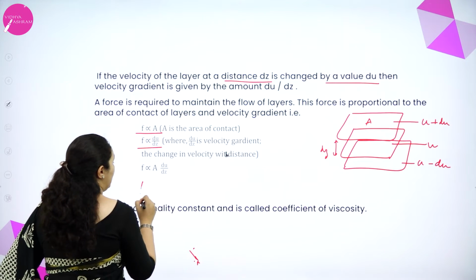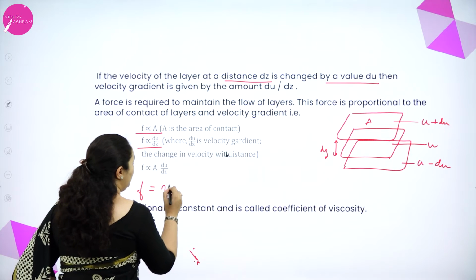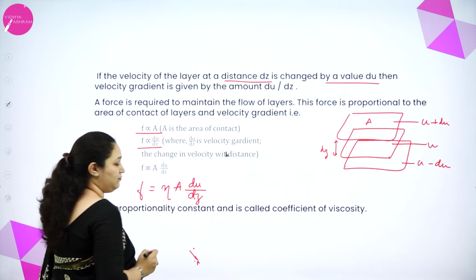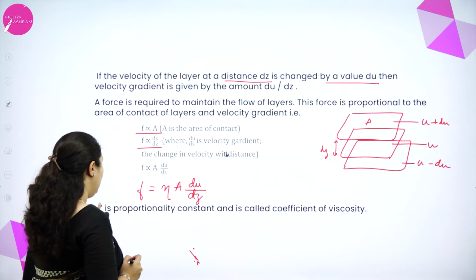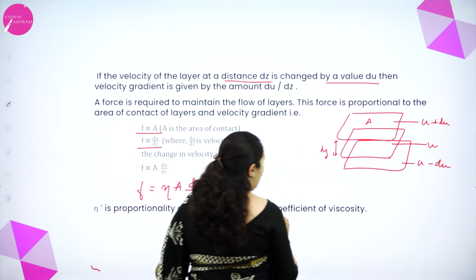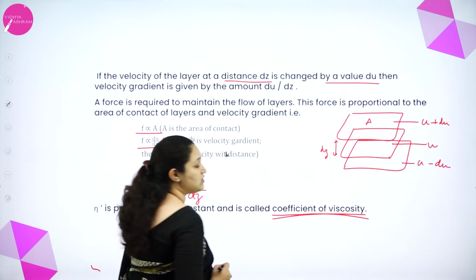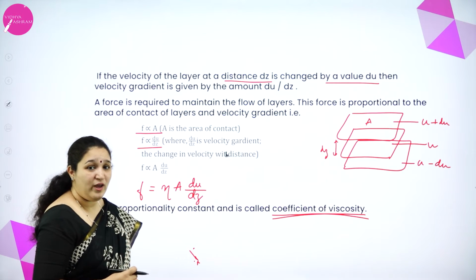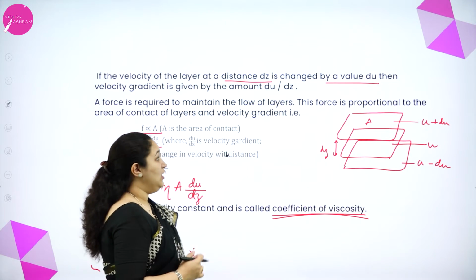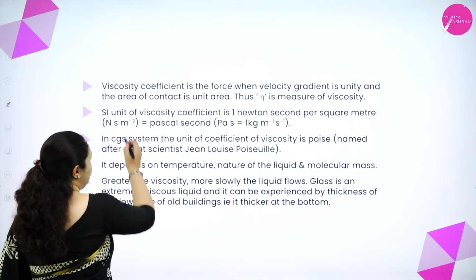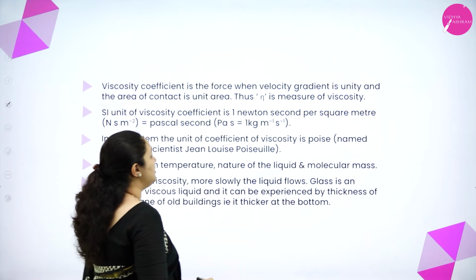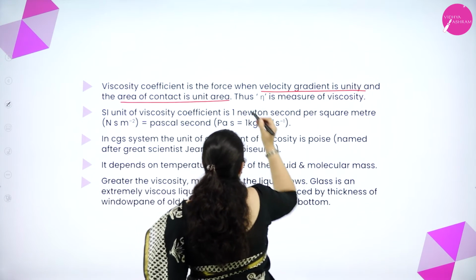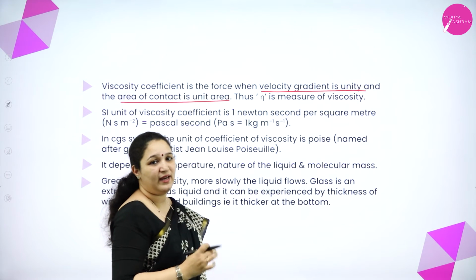To remove the proportionality, I write force is equal to eta A du by dz. Eta is the proportionality constant called the coefficient of viscosity. The coefficient of viscosity is the force when the velocity gradient is unity and the area of contact is unit area.